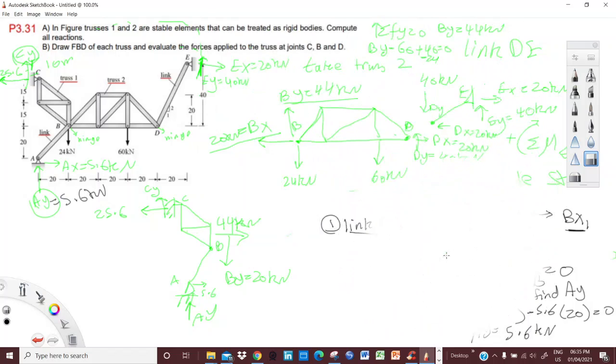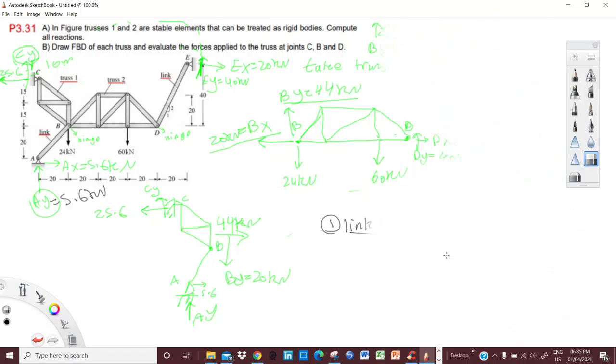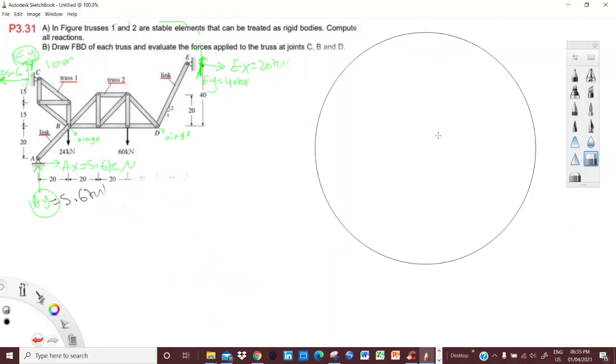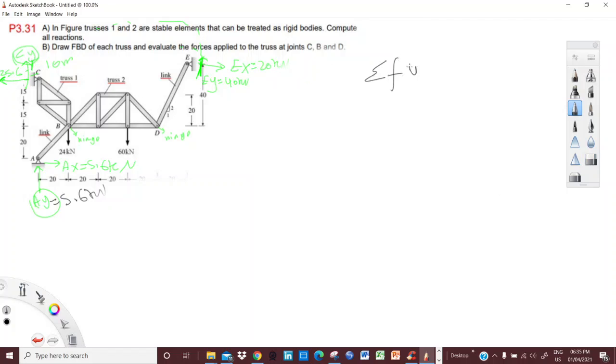Okay, I will delete everything right here since I found everything. Okay, let's find Cy. Let's find summation of Fy equal to 0 upward, for the whole structure.